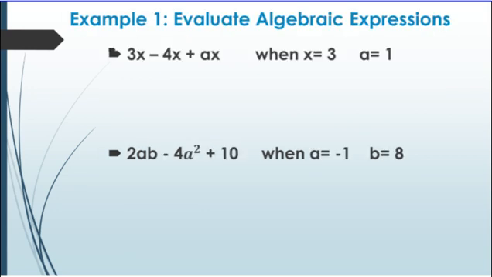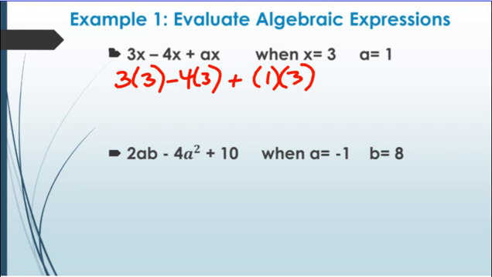Here we have some algebraic expressions, and they tell us what the variables are. We need to simplify it. So all we need to do is substitute our numbers in for our variables. When x is 3, I'm going to have 3 times 3 minus 4 times 3 plus 1 times x, which is 3.